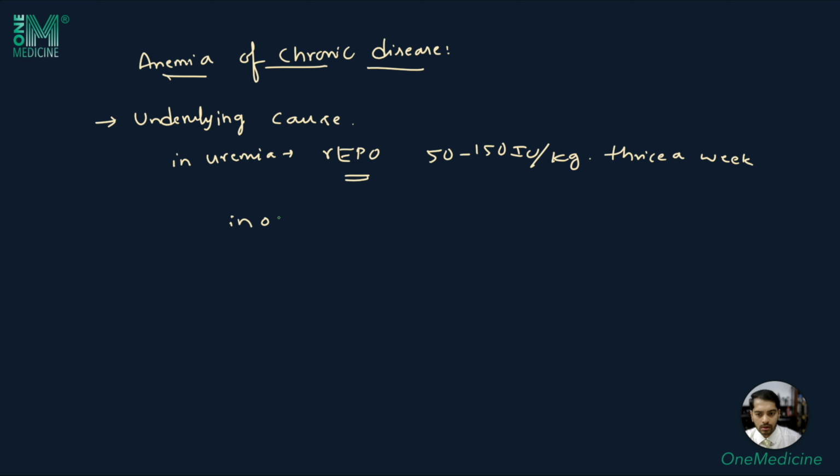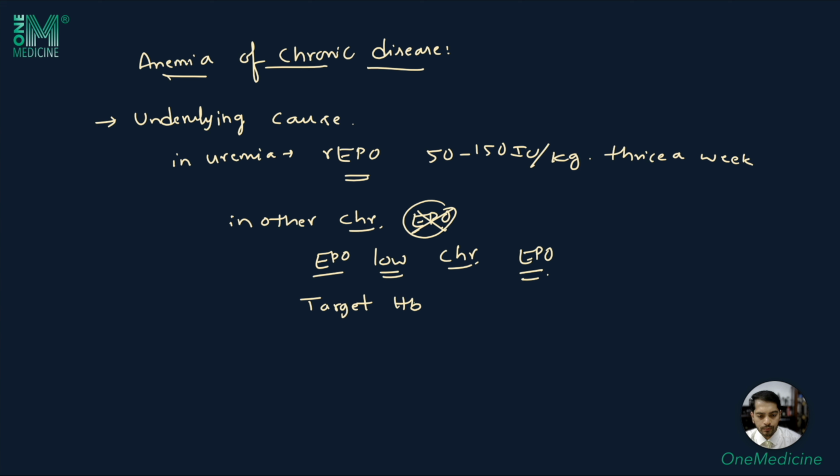Whereas in other forms of chronic disease, erythropoietin is generally not preferred because the role is unclear. But if the erythropoietin levels are in general low in case of chronic disease, then erythropoietin administration can be used with a target hemoglobin of 9 to 11 gram per deciliter. In cases of anemia of chronic disease, iron supplementation or parenteral administration is not generally recommended.